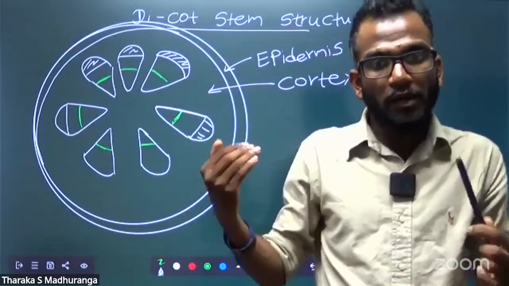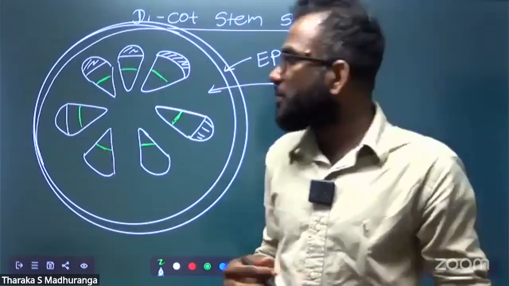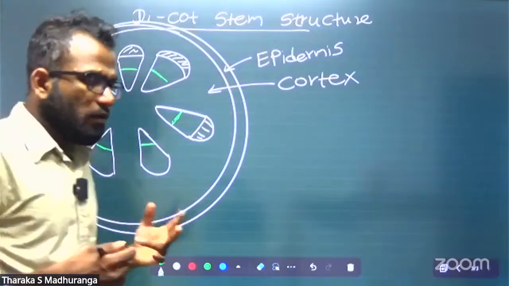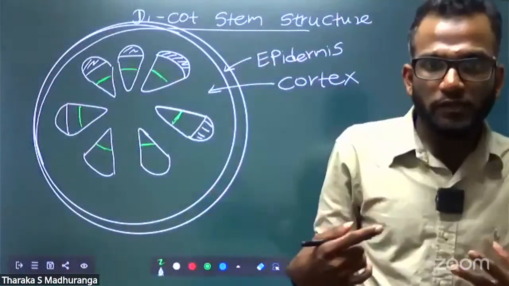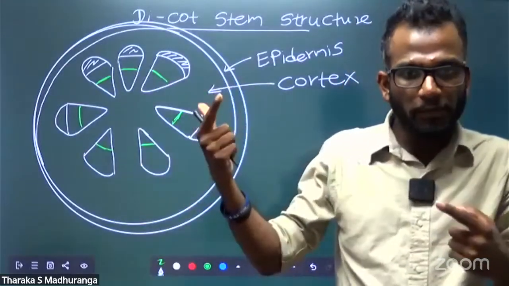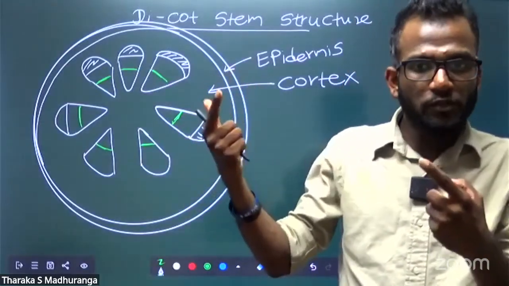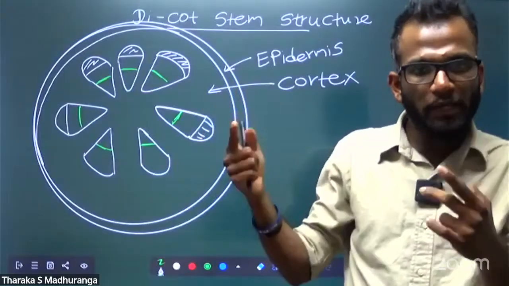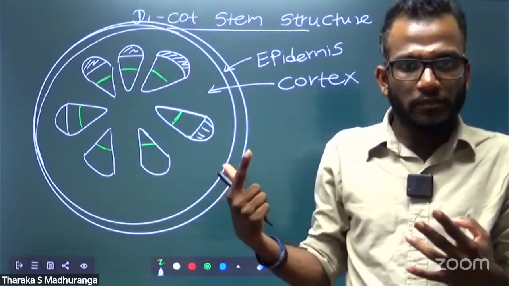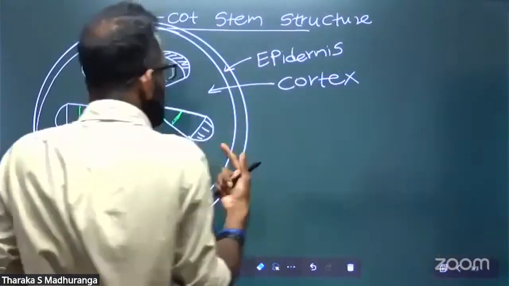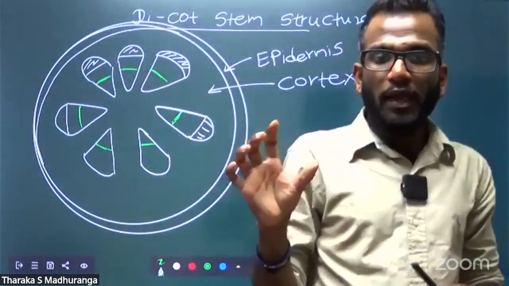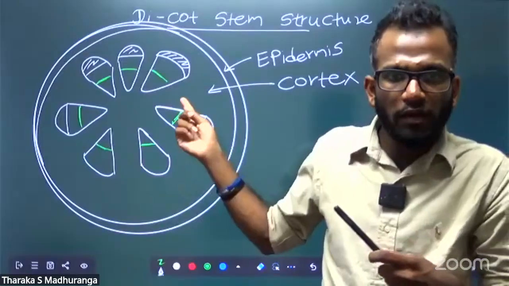Parenchyma, collenchyma, sclerenchyma are the simple permanent tissues, and meristem tissues. Meristem tissues are mainly three types: apical meristem, intercalary meristem, and lateral meristem. This meristem is not the cambium.